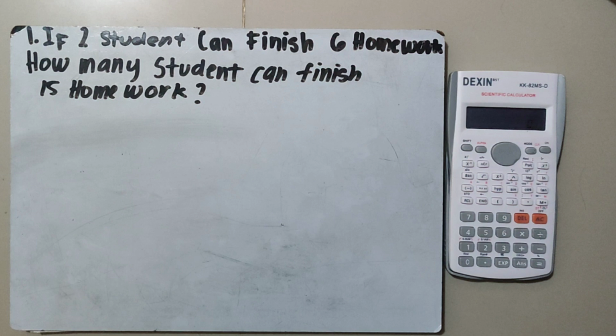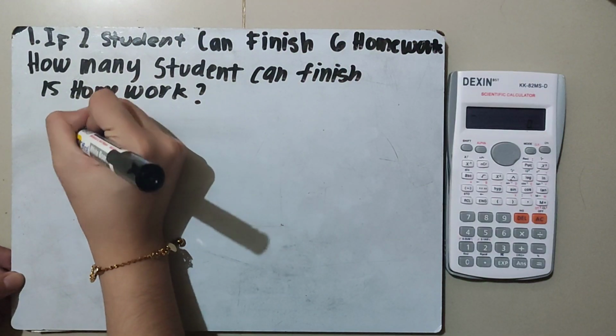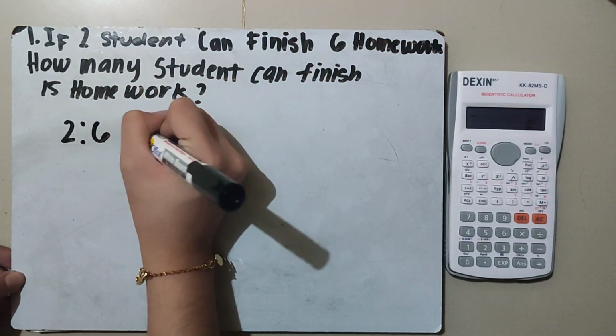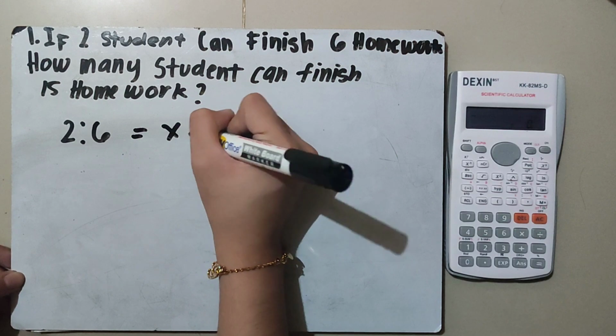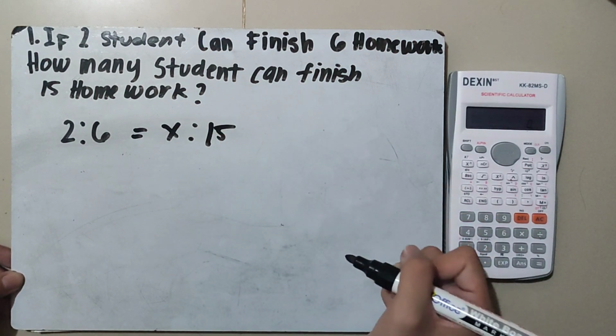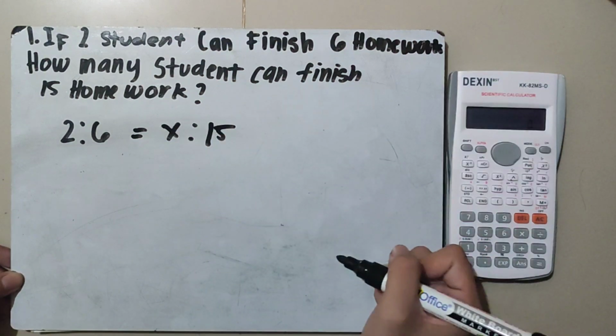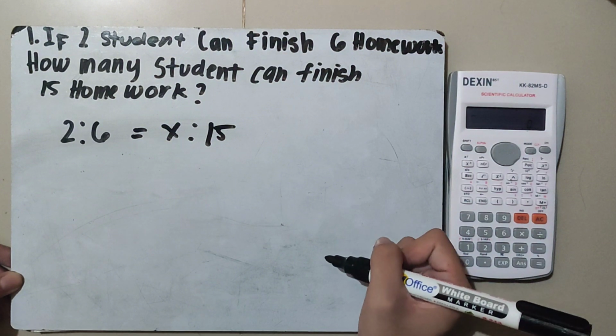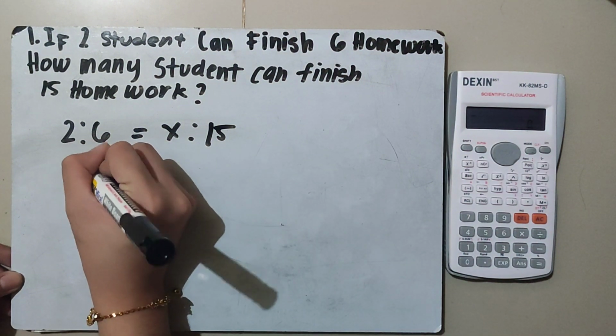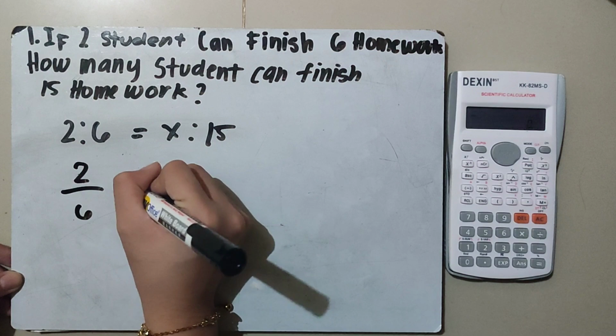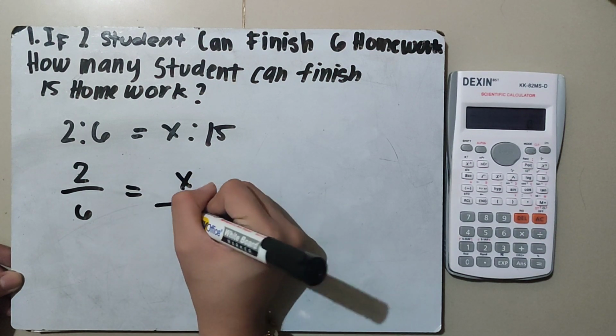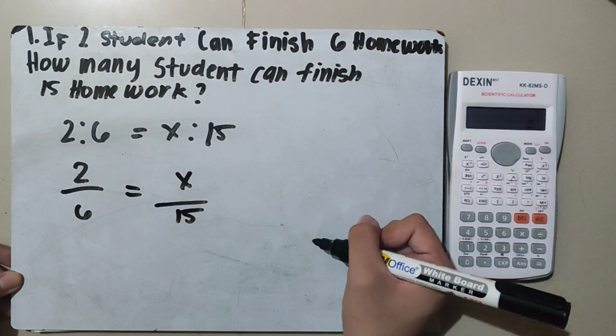So, our given is 2 is to 6 equals x is to 15. In our given, pwede natin siyang i-convert to fractional form. So we have 2 over 6 equals x over 15.